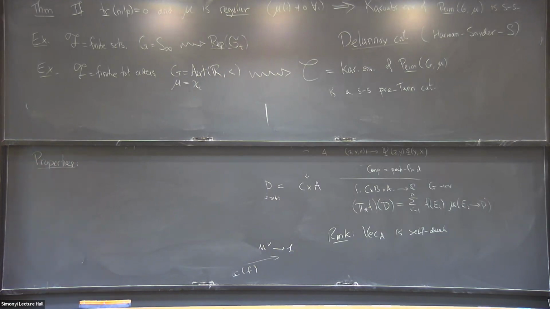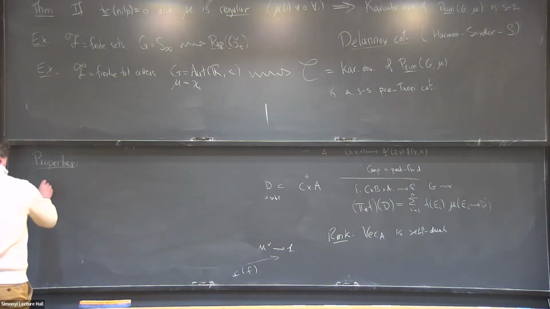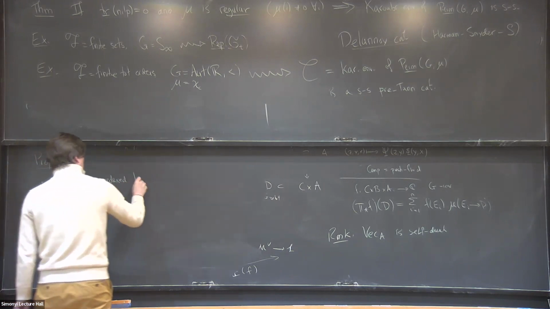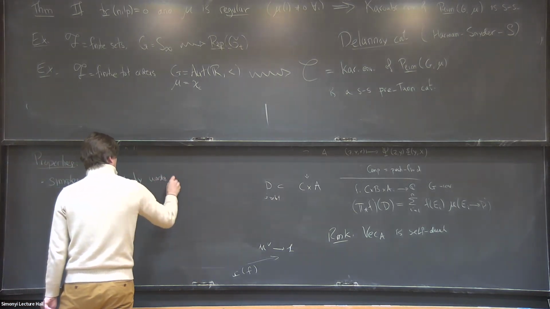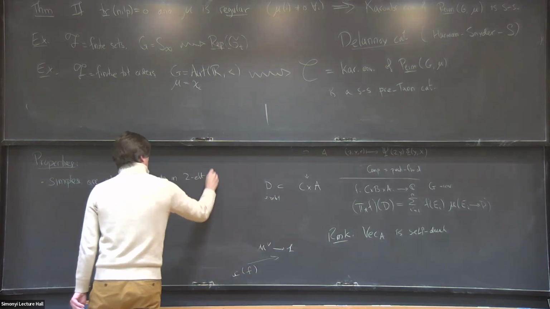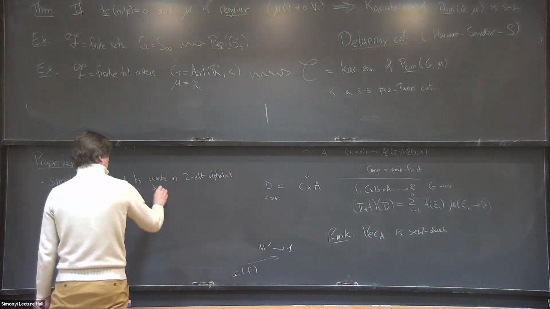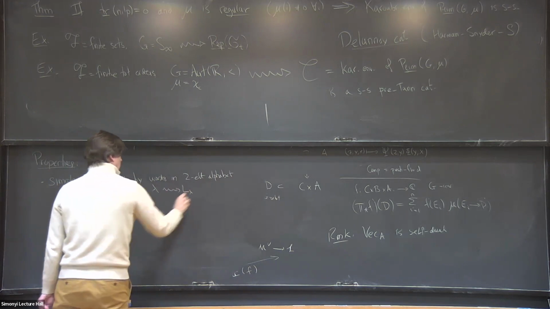So here are some properties of this Delannoy category. The simples are indexed by words in a 2-element alphabet. So I'll call a word lambda, and the corresponding simple I'll call L_lambda.